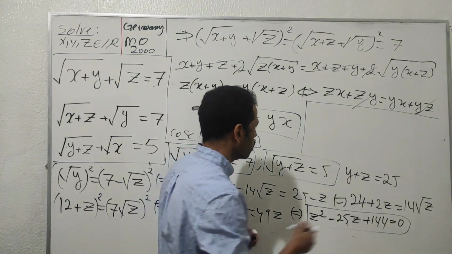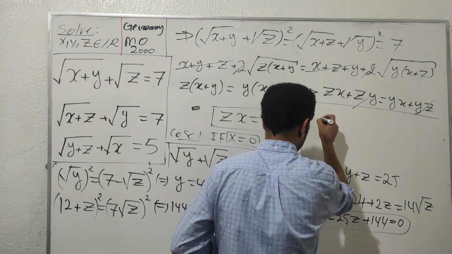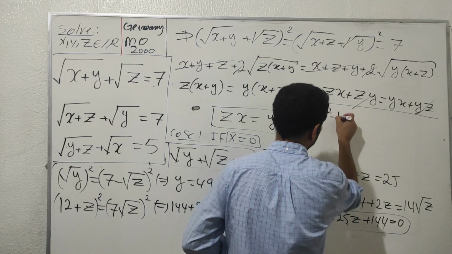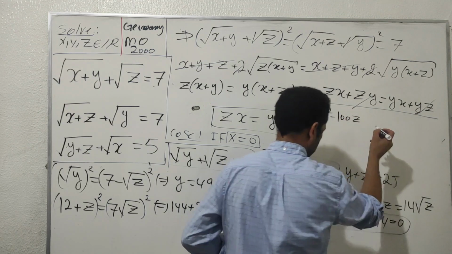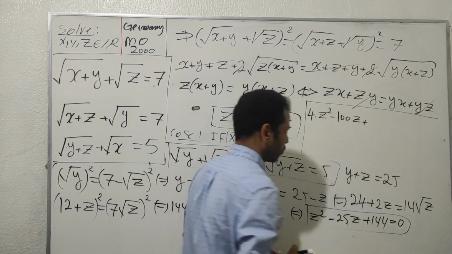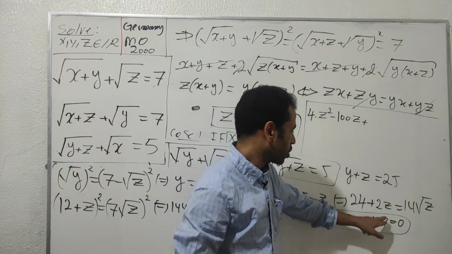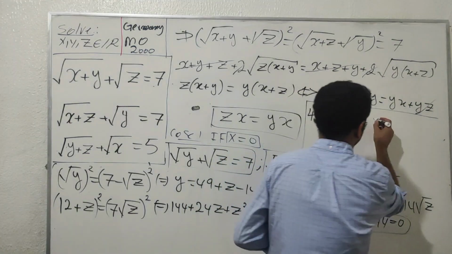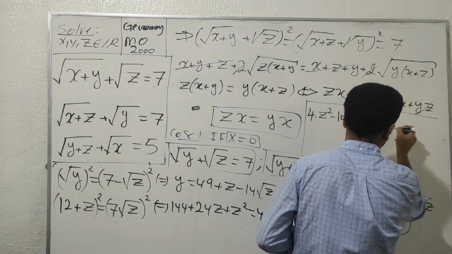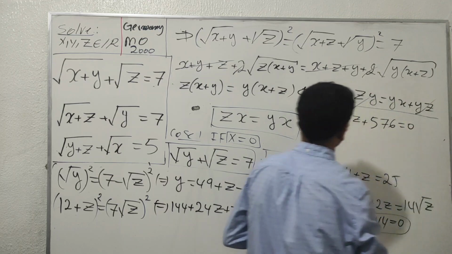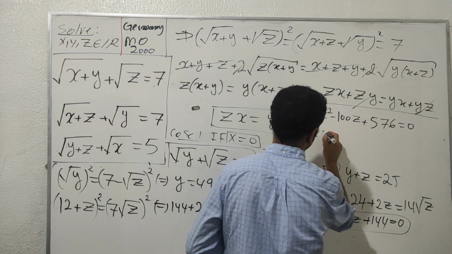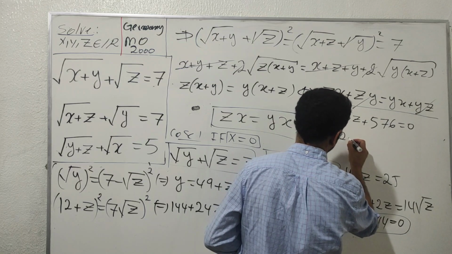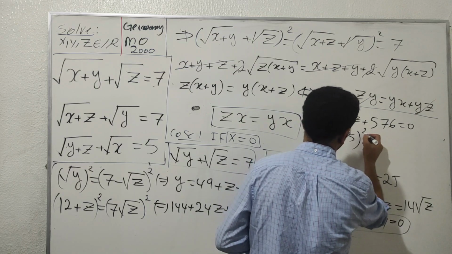So we get 4 multiplied by z squared minus 100z plus 144 multiplied by 4, which gives 576, equals 0. So it's giving us (2z minus 25) quantity squared, like this.